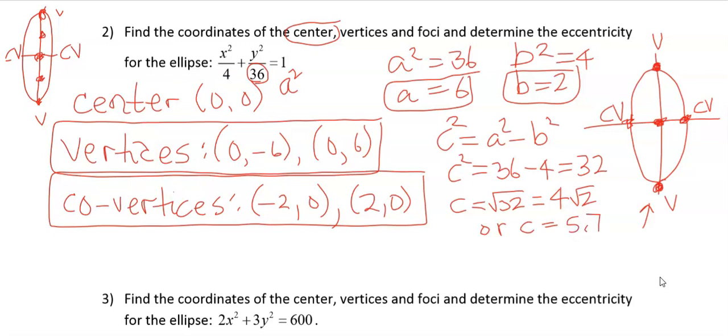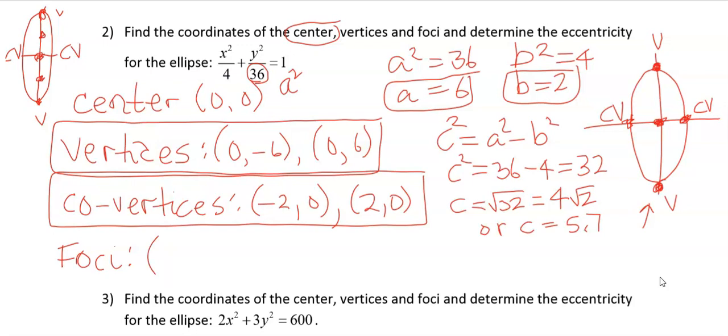Now, that's the distance that you have to go up and down to get your two foci. So if you left it as a radical, that's okay. Most students prefer the decimals, and that's all right. You can use the decimals if you want.